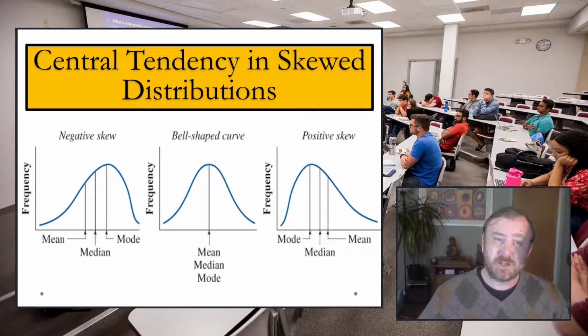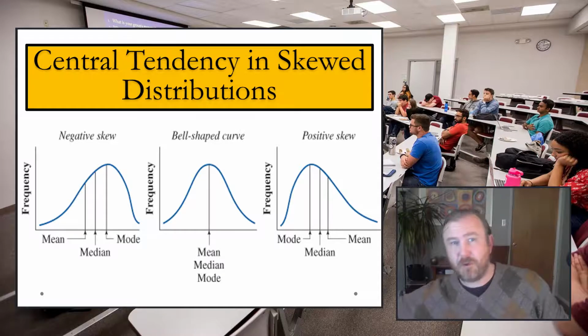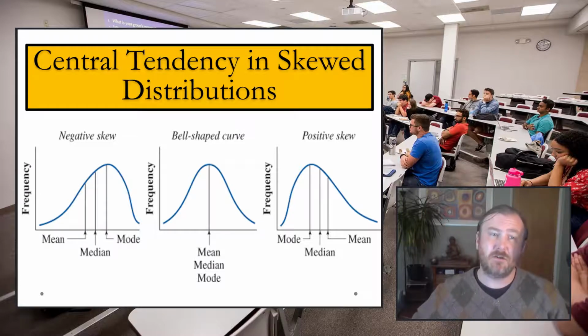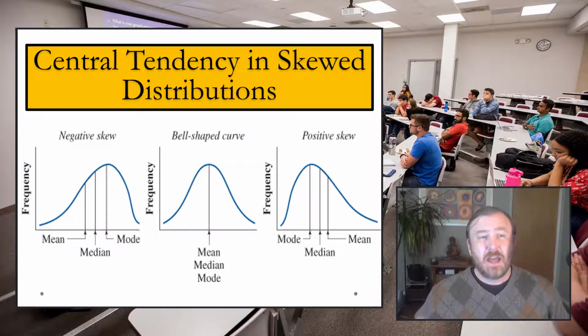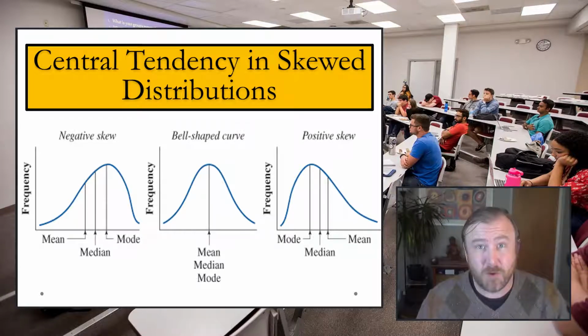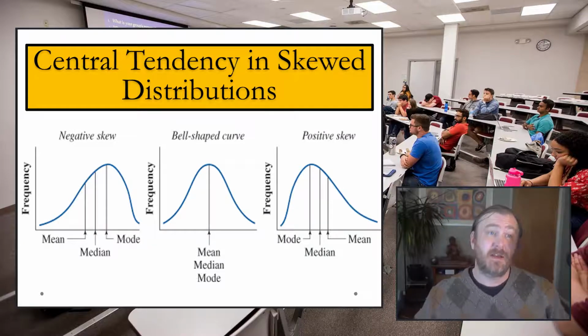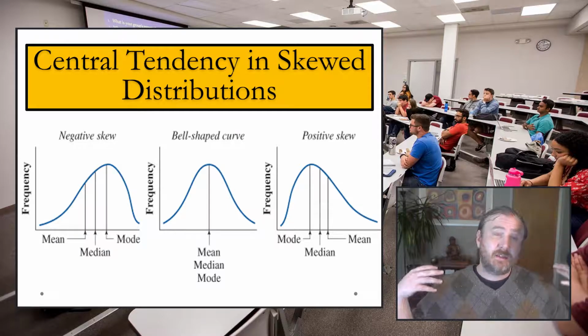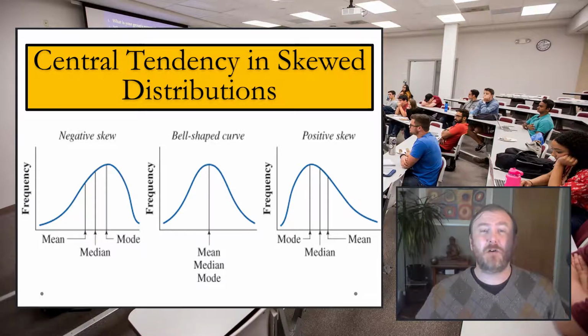For a positive skew, the mean is going to get pulled out towards the direction of skew. The median is going to be next highest, and then the mode last, right? In a normal distribution, which is what we really want to be working with most of the time, at least in parametric statistics, the mean, median, and mode should all be equal.